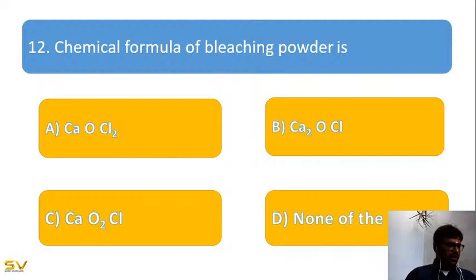Option A from Rihan, option A from Sneha, option A from Kanchana, option A from Niharika. Very good. Yes, it's option D again from Virat. I think he has changed his mind. And Chandana, option A.